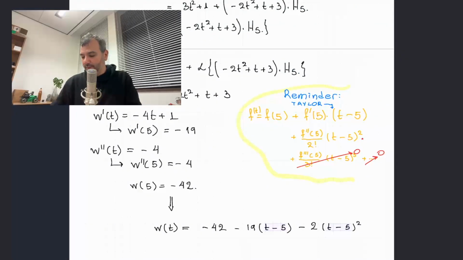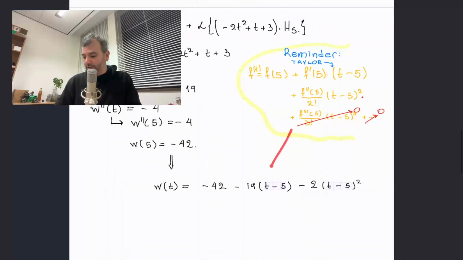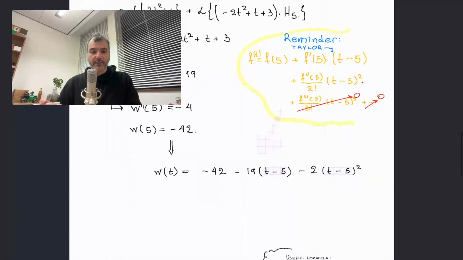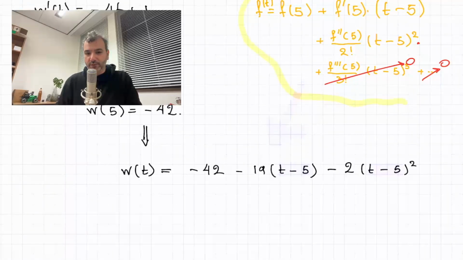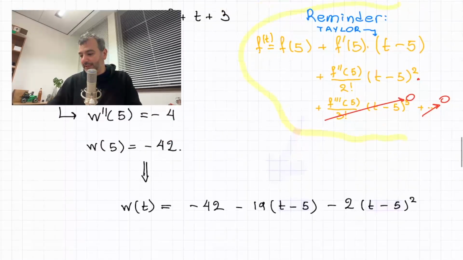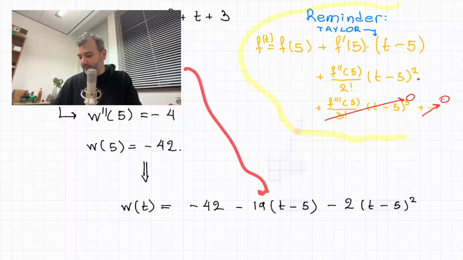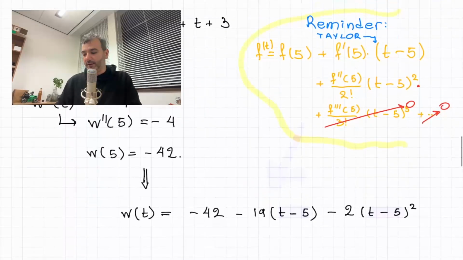So we have everything we need. We have the derivative at 5, we have the second derivative at 5, we have the value of w at 5. And if you put it all together and use this formula from Taylor's theorem now, we have w of t is minus 42, the constant, minus 19, which is your derivative, times t minus 5.